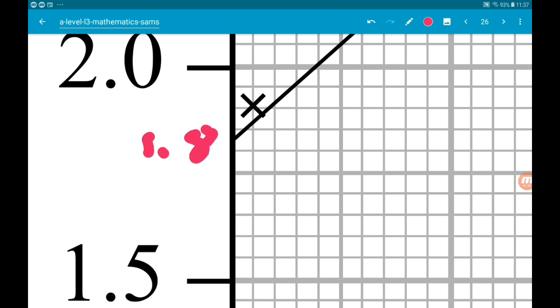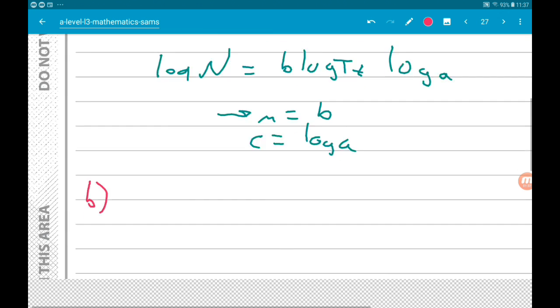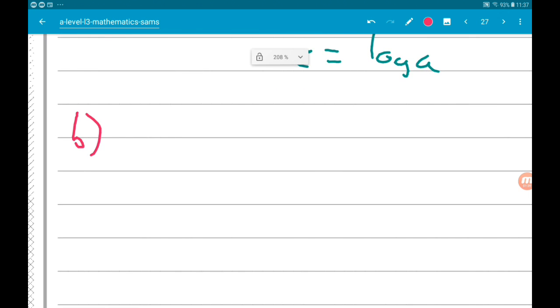So that then tells us log 10 of A is equal to 1.8. Now that then means then that A is equal to 10 to the power 1.8.